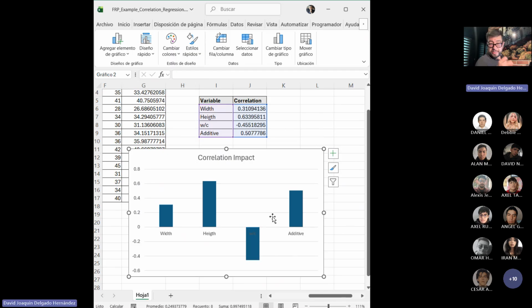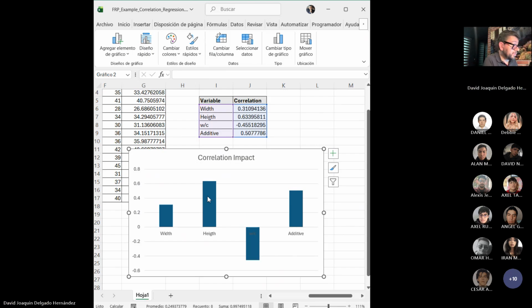So visually, you can see that the most relevant impact in the strength noise is the height. It is the one that has the biggest impact on the strength noise, okay? So what is the value? It is 0.63. This is the value, 0.63.